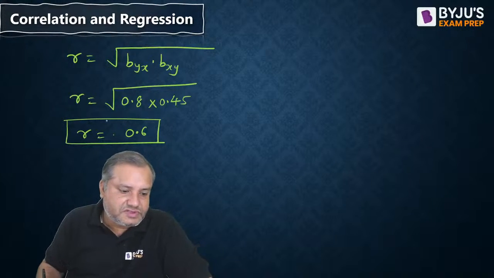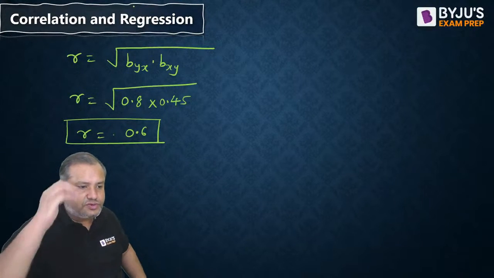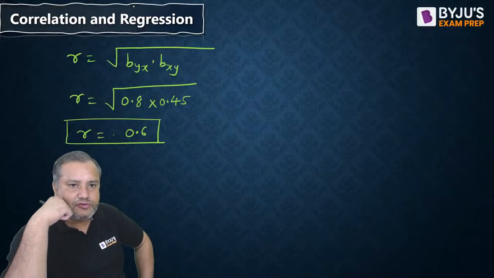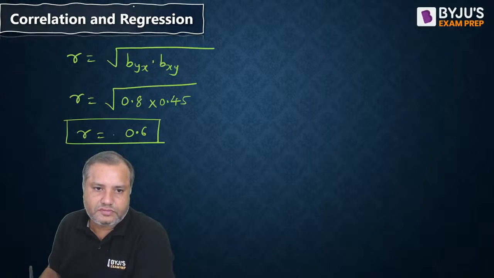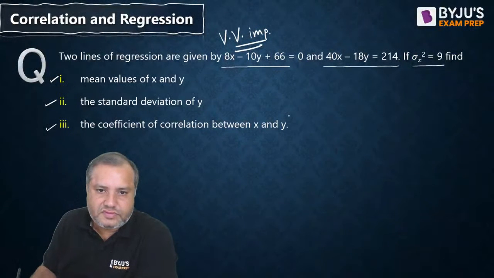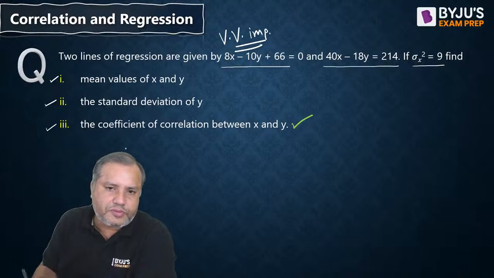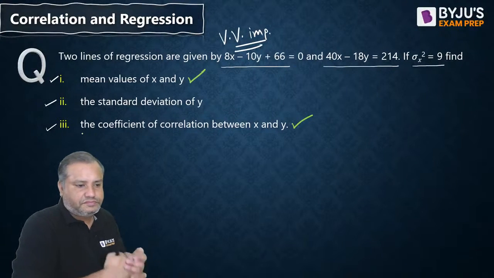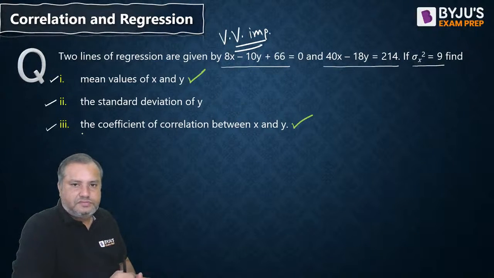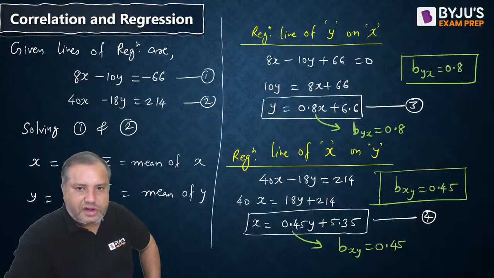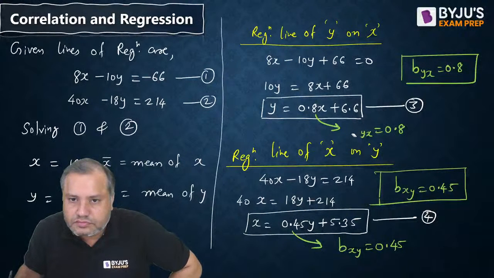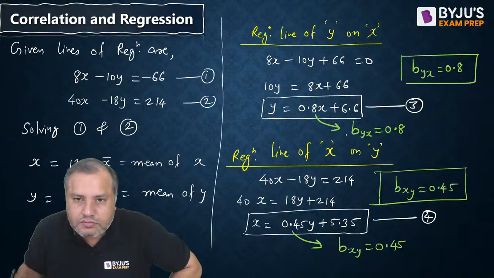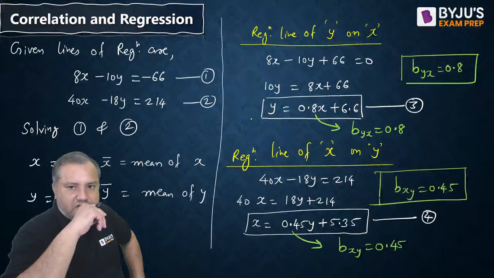So this is the coefficient of correlation. Understood? So the coefficient of correlation is also obtained. Understood the concept?